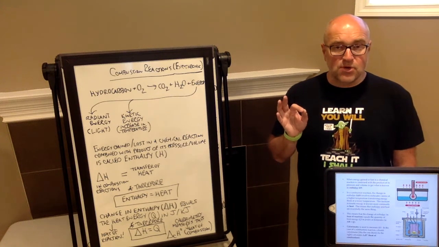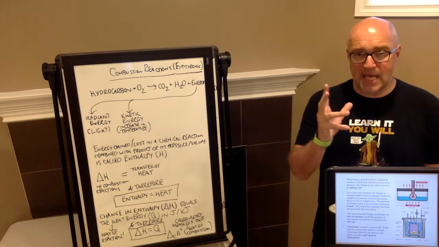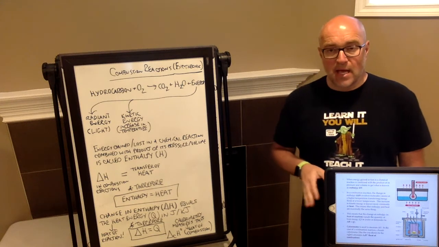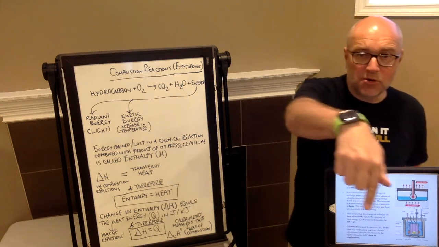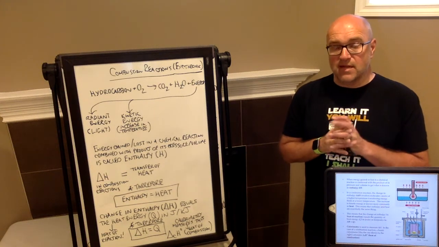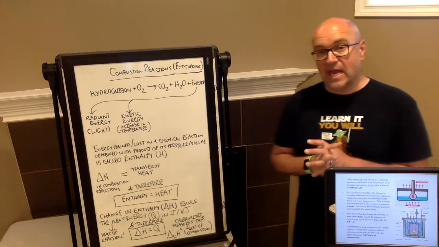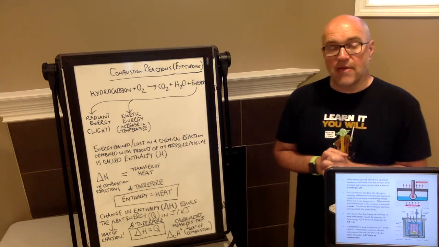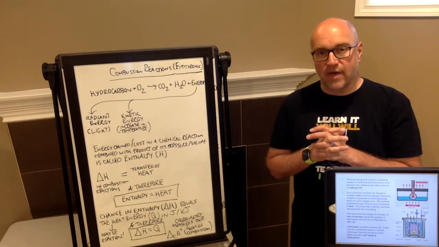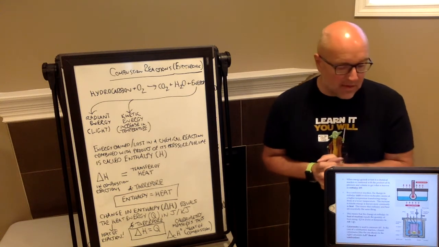Now you can measure the amount of heat that's produced by a chemical combustion reaction using something called a calorimeter. It's right here on your note page. They're devices that allow the reaction to occur inside of them. You trap all the kinetic energy that's being released from the reaction, and then you can measure that release of energy in the form of kinetic energy or heat using one of these calorimeters.